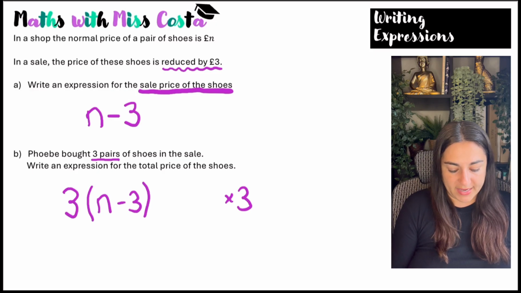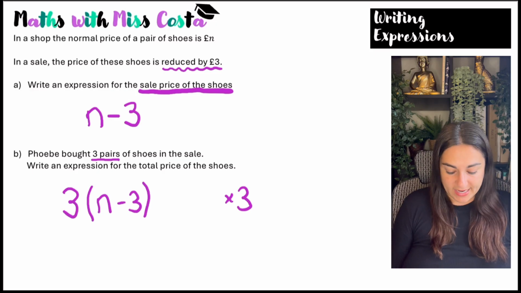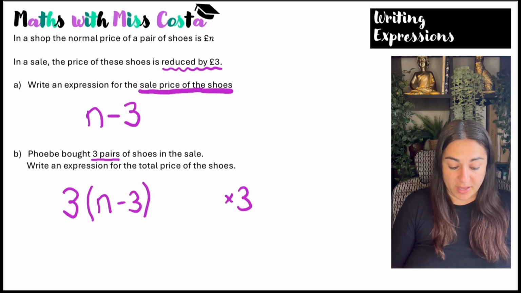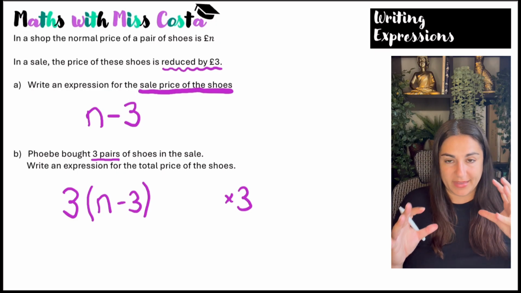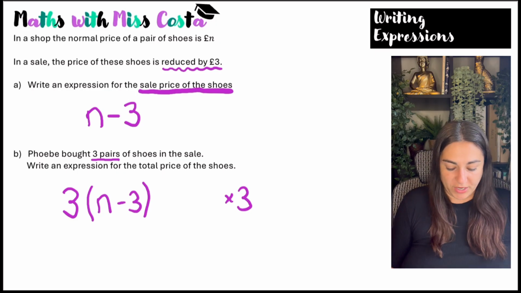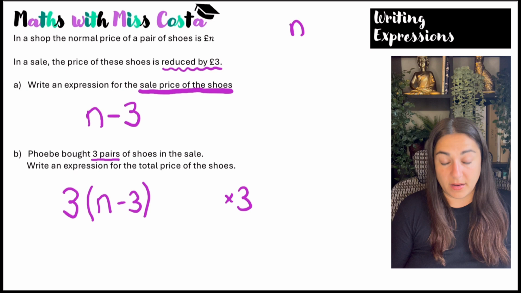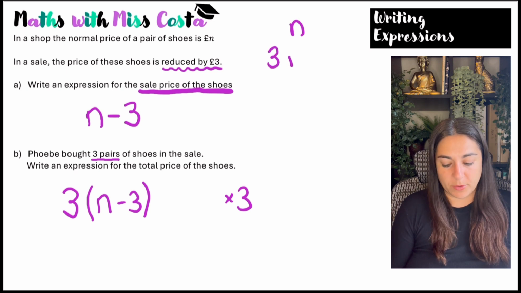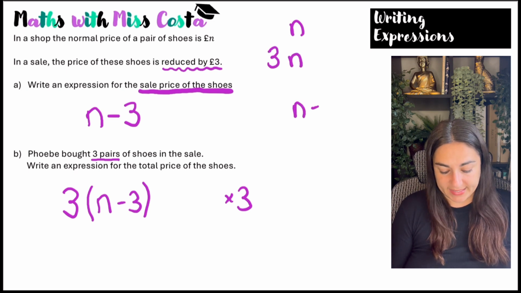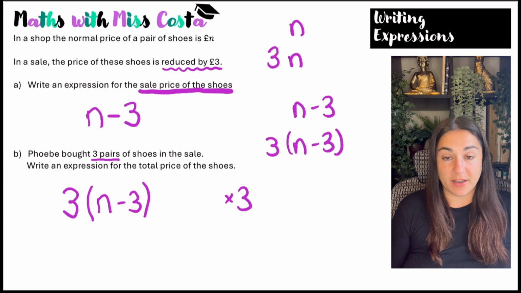So this whole thing is being multiplied by 3, and the way I show that algebraically is by putting it in brackets and putting a 3 on the outside, because anything that's in brackets means it's being multiplied. If the expression was, let's say n, like the original, then 3 lots of that would be 3n. But because it's n minus 3, I want 3 lots of this whole thing. So that's why I'm going to say 3 lots of n minus 3.